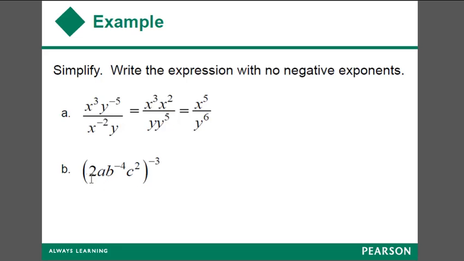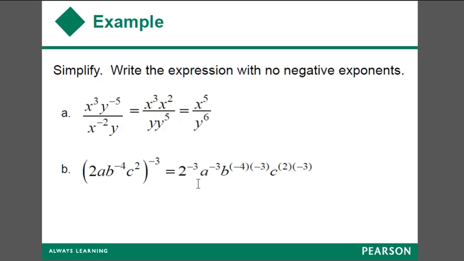On part B, I have 2a b to the negative fourth, c to the second, all raised to the negative third. So what I'm going to do first is distribute this negative 3 to my 2, to my a, to my b, and to my c, as you see I've done here.